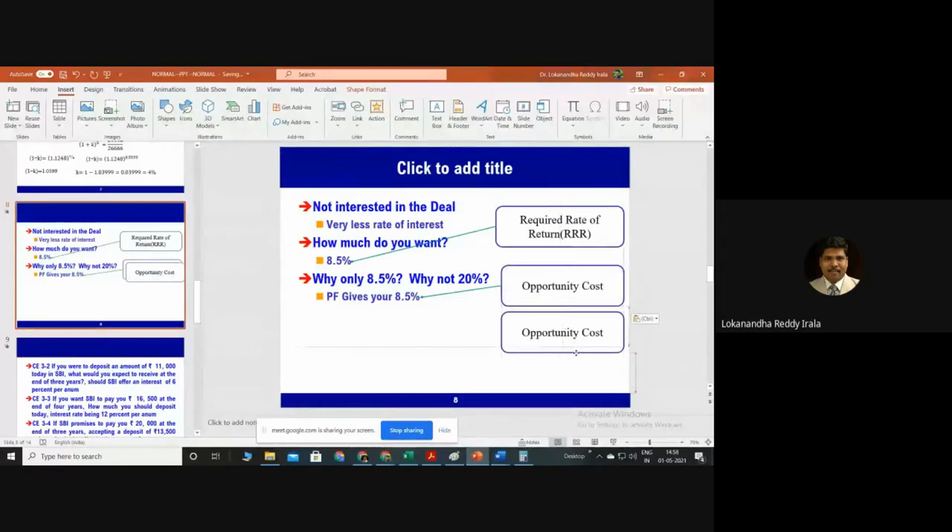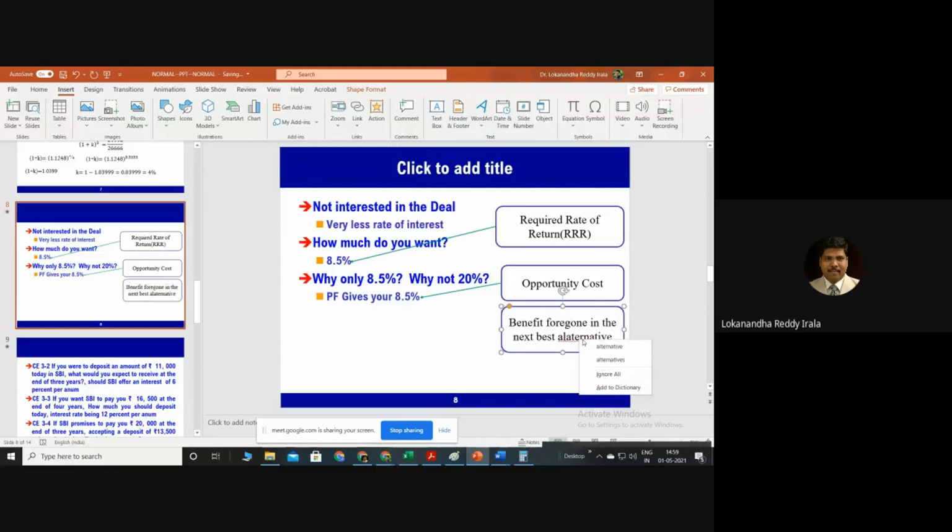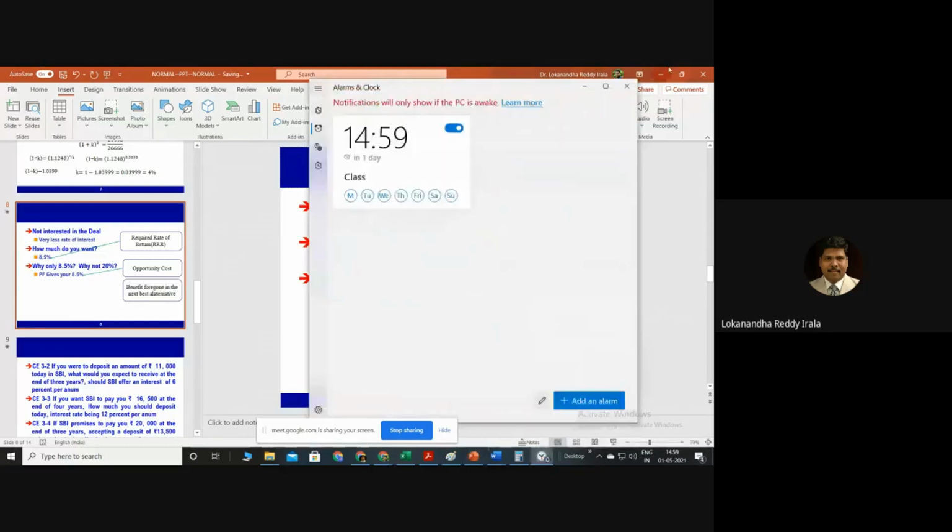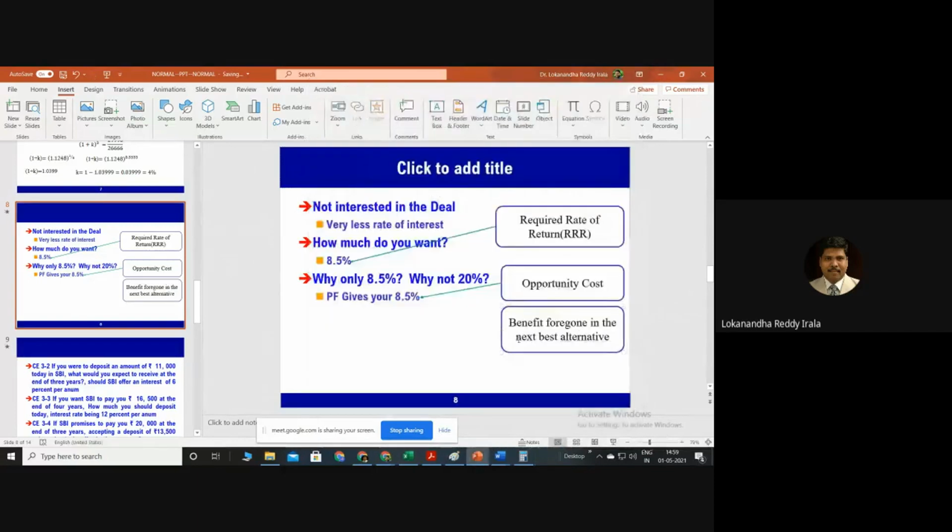What is opportunity cost? Benefit foregone in the next best alternative is called the opportunity cost.